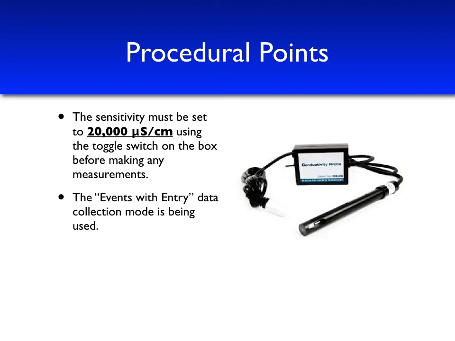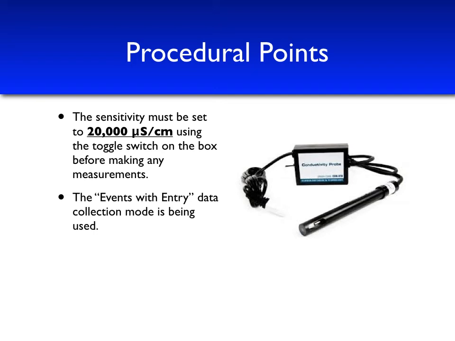In this experiment, we'll also use the events with entry data collection mode in Logger Pro. This type of setup allows us to basically make, for part 1, a data table where we measure the conductivity of our different samples.